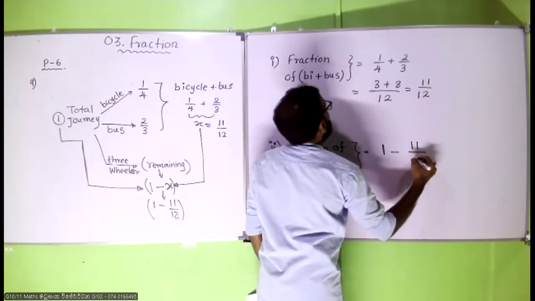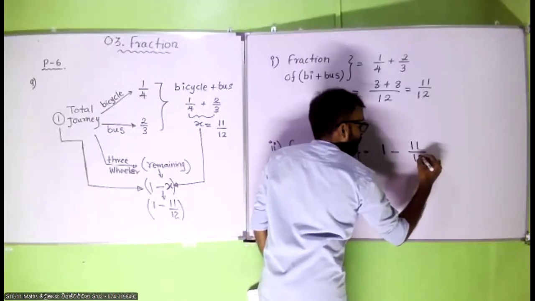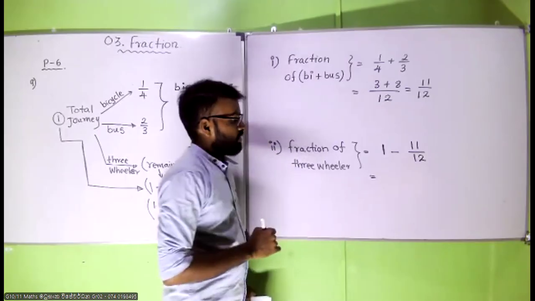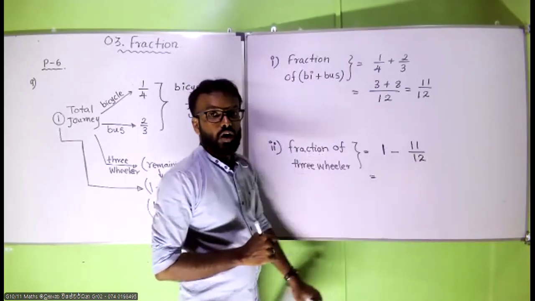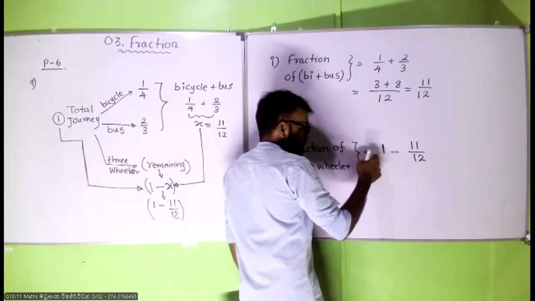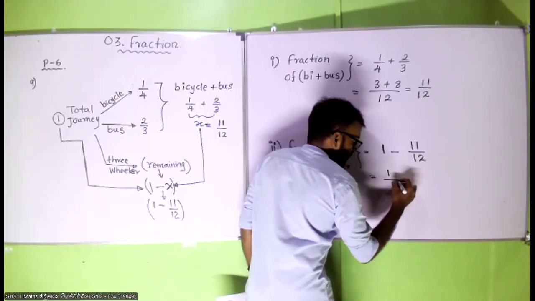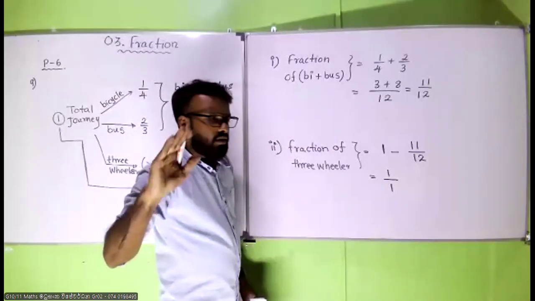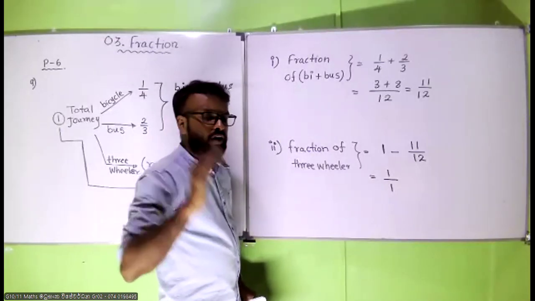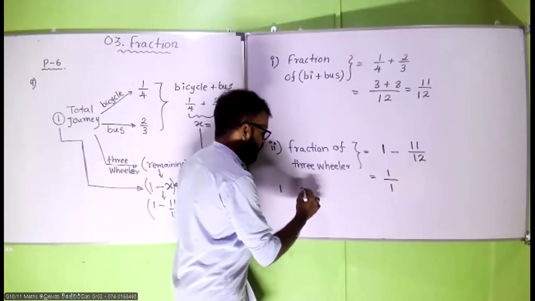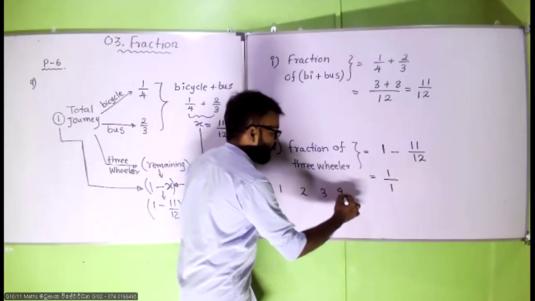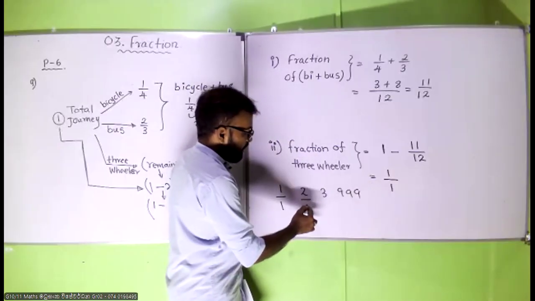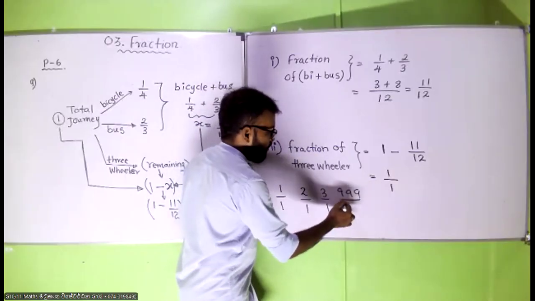So 1 minus the total travel by bicycle and bus, 11/12. Subtracting these two, how to do that? The numerator is 1, and the denominator is already 1. Any whole number, 1, 2, 3, 999, has denominator 1.